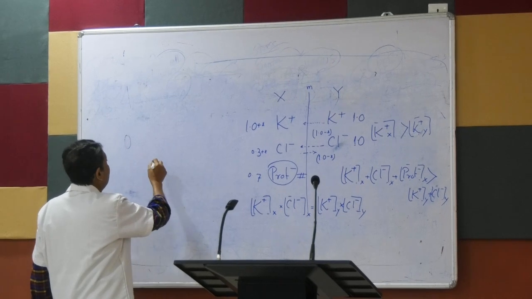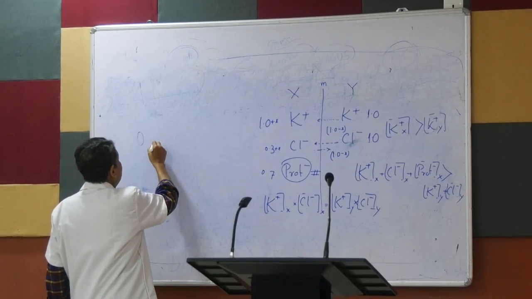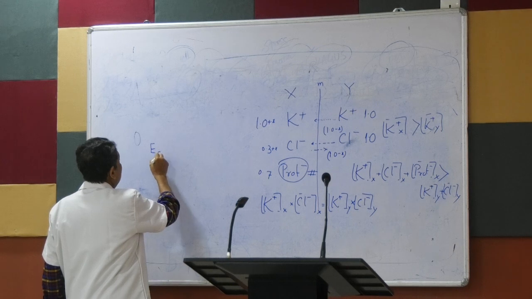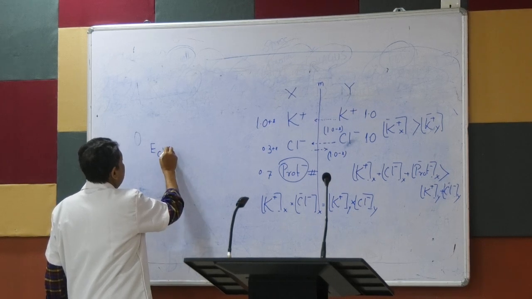Suppose the equilibrium potential of a particular ion, you will find this type of formula that is given.